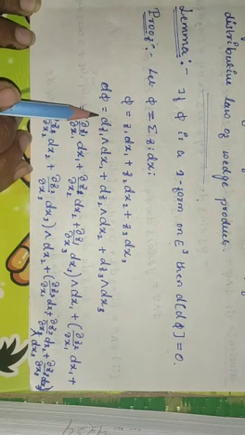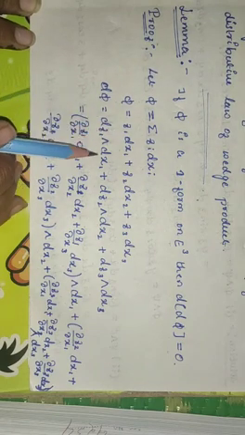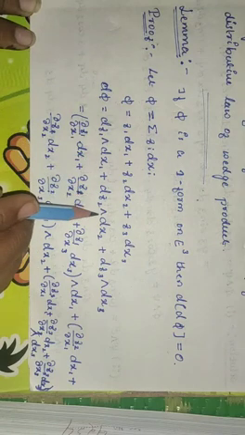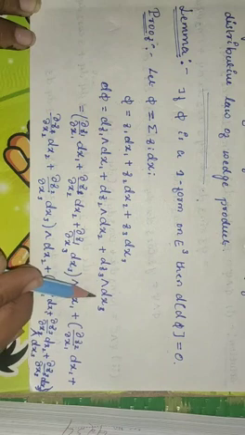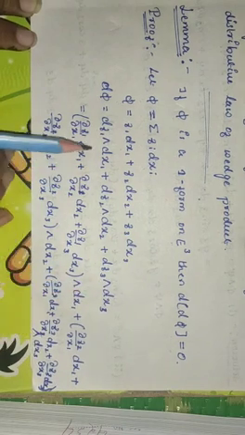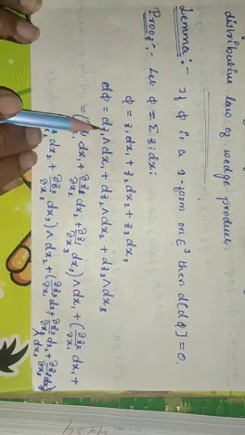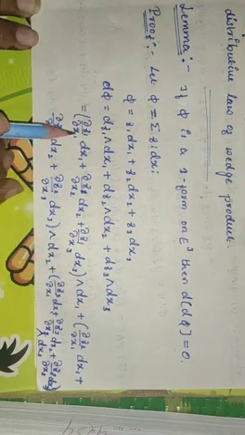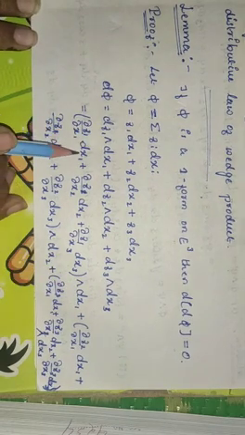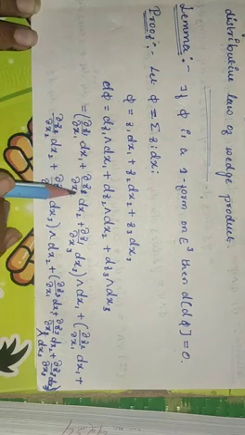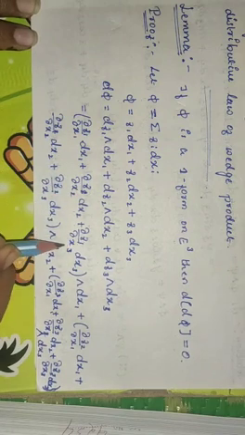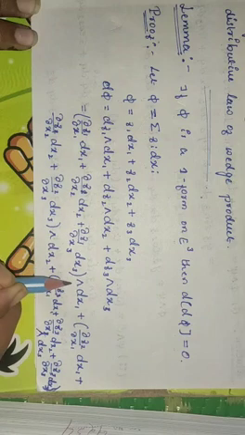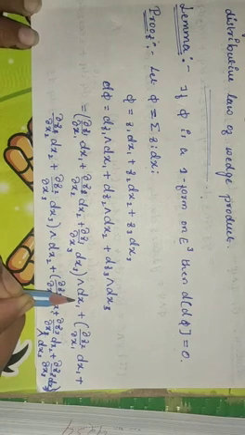Therefore d pi equals df1 wedge dx1 plus df2 wedge dx2 plus df3 wedge dx3. Now we already know that df1 can be expressed as del f1 by del x1 dx1 plus del f1 by del x2 dx2 plus del f1 by del x3 dx3, wedge dx1.